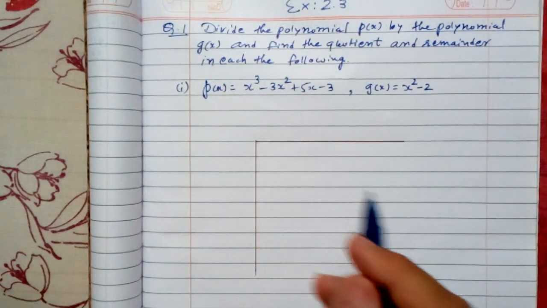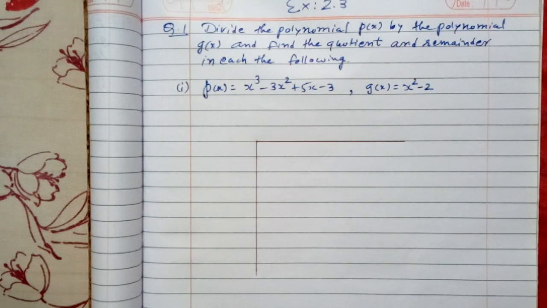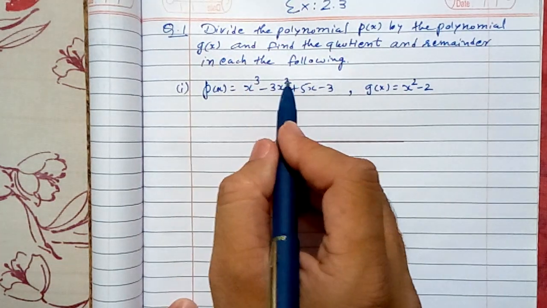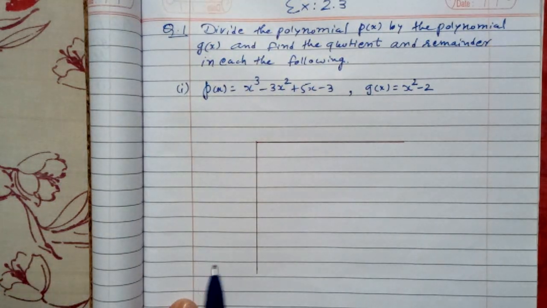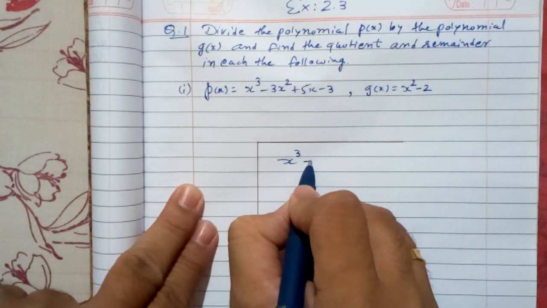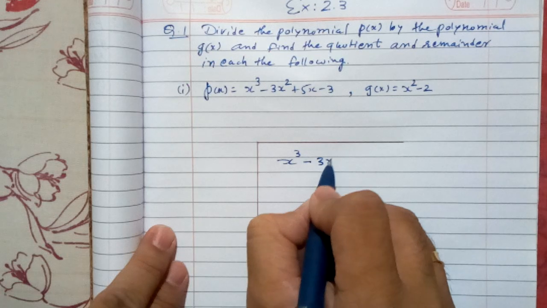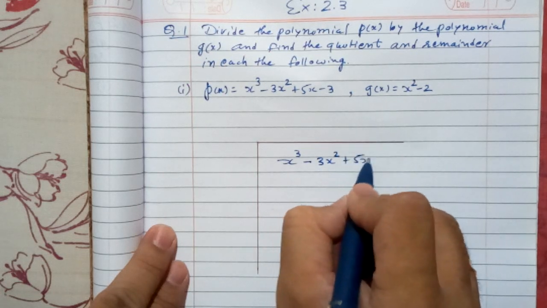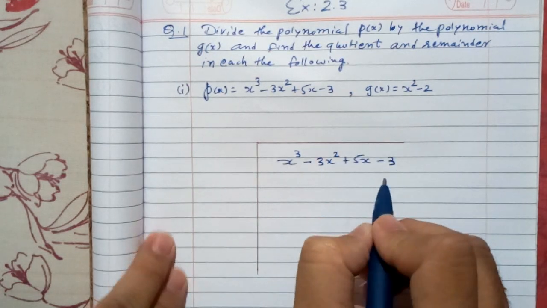So p of x should be written inside in the decreasing order of the degree, 3, 2, 1 and 0, that is the constant. We write x cube minus 3x square plus 5x minus 3.